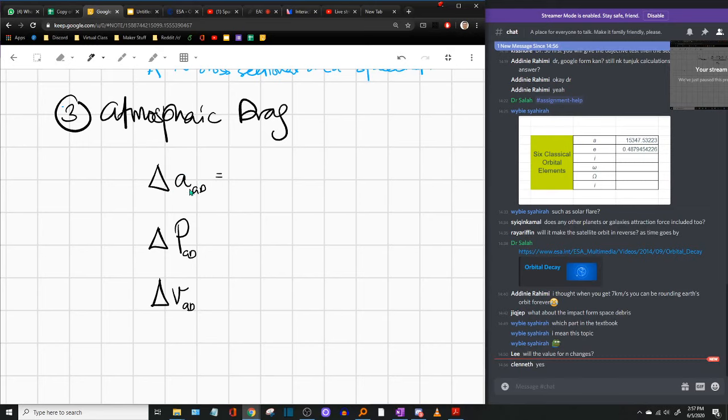So how much our semi-major axis is going to change over time. For example, I'm just going to give you the formula here so you can keep it somewhere. Rho, and then the semi-major axis, the initial one.